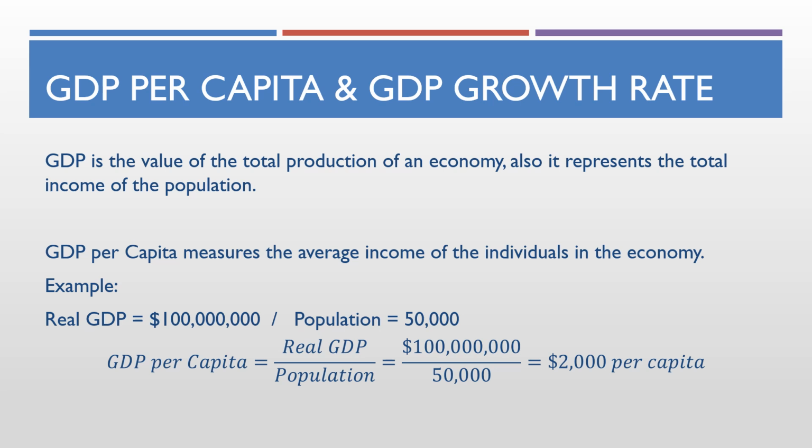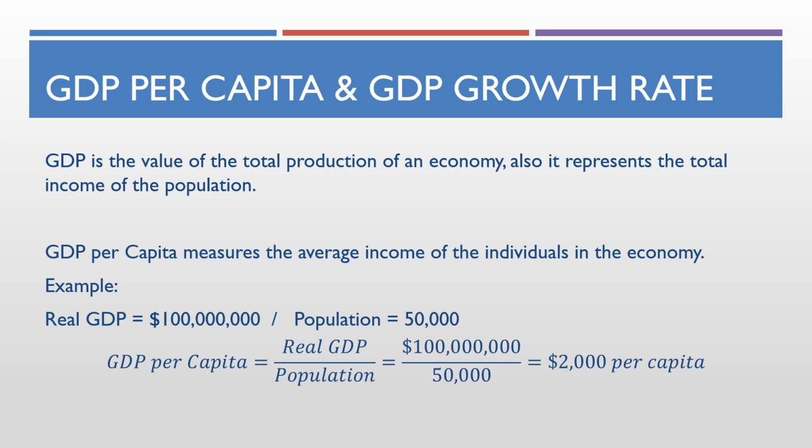Therefore, one way to talk about the well-being of the population is to measure the per capita GDP, or the growth of the per capita GDP. Here is an example of how we measure it. It is basically defined as the real GDP per population. The GDP of this economy is $100 million, and we have 50,000 people living there.